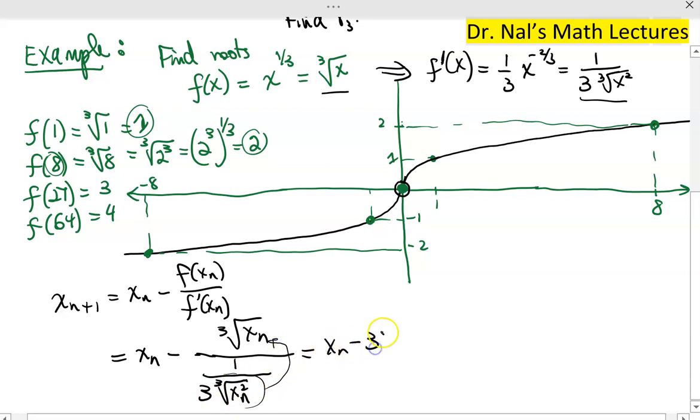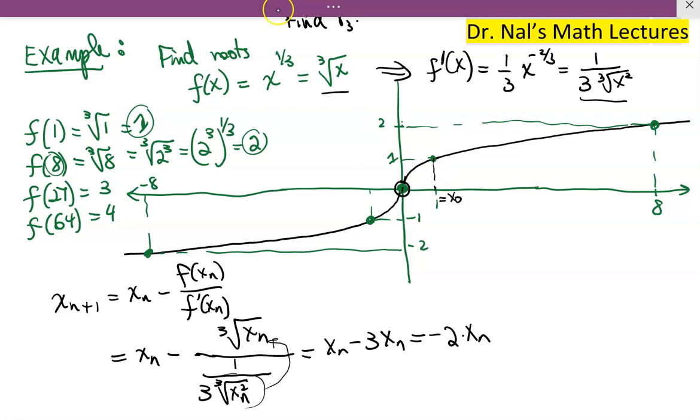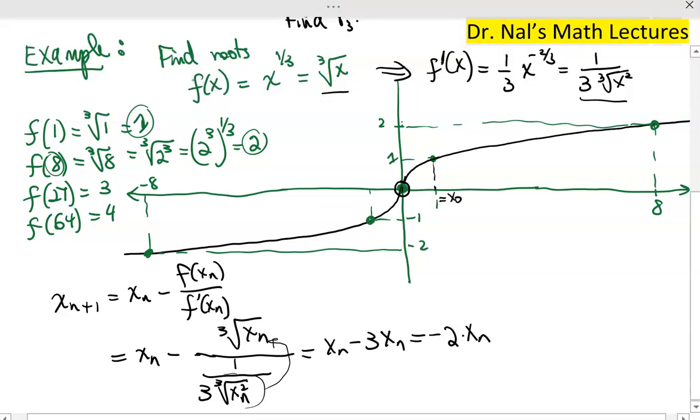So this thing will come out as this, which is -2 x n. Now that's interesting, because if we have a reasonable starting point, suppose that we start at the point 1. All right, so if we take 1 as our x0, we find the tangent line. Oops. All right, so when we find the tangent line at that point, it turns out that it hits the x-axis at the point 2.